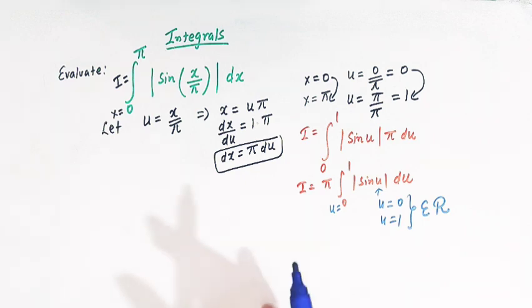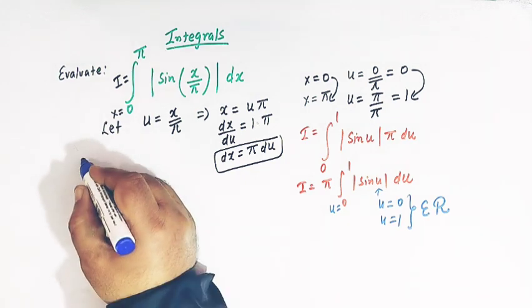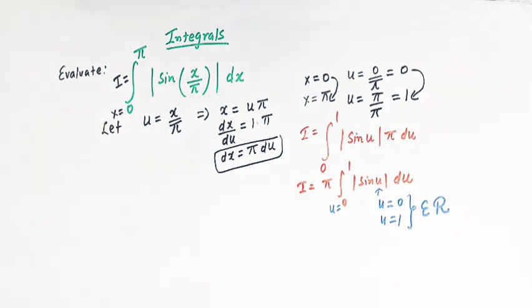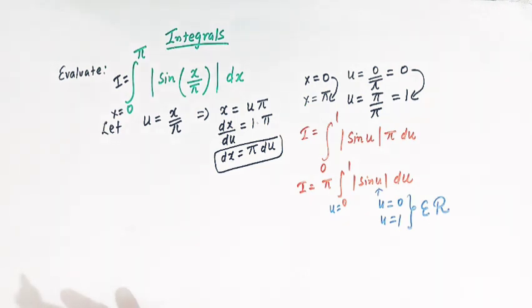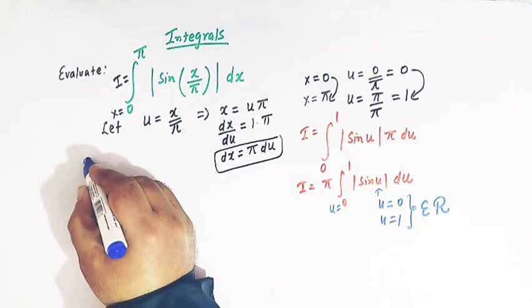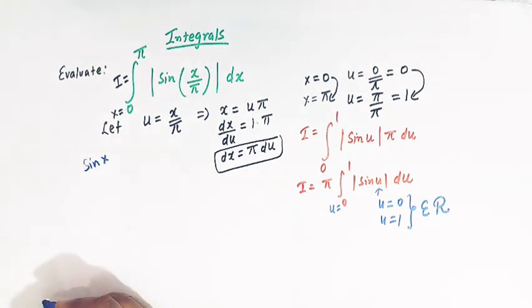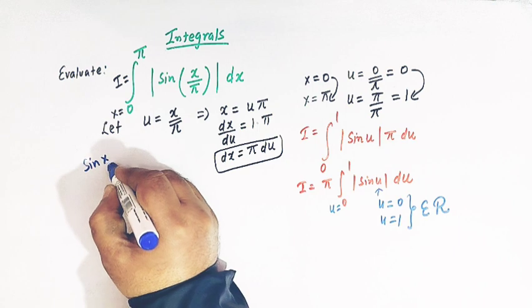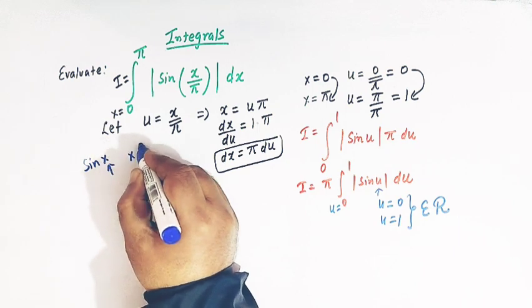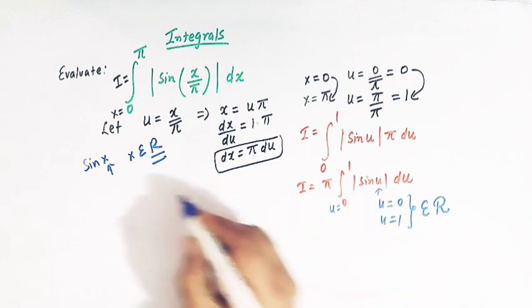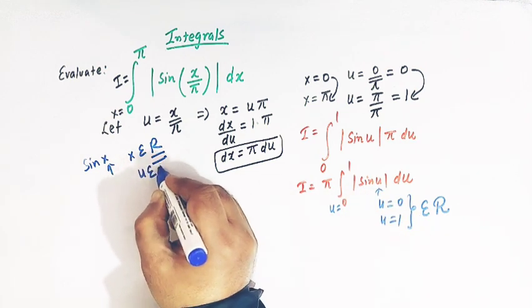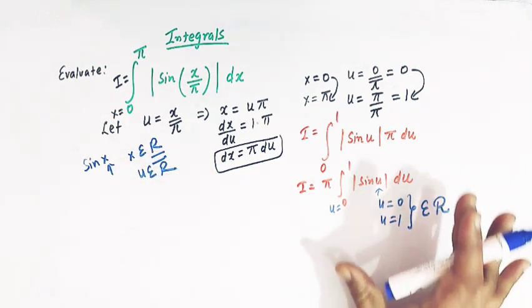When we define the six trigonometric functions, we define them in terms of real numbers. So whenever we talk of sine x, it implies that x is a real number. Here u is a real number.